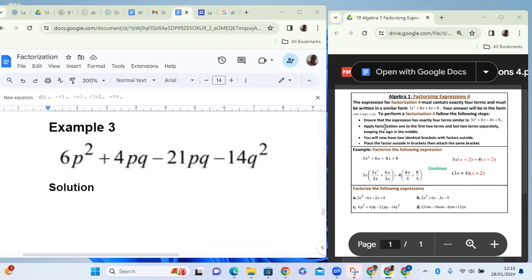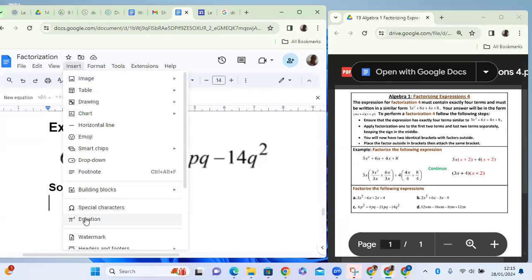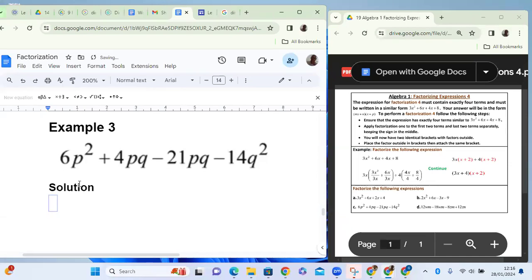Apply factorization 1 to the first 2, and apply factorization 1 again to the second 2, keeping the sign in the middle. The sign in the middle we have is a negative sign. So let's be very careful with this. We can even put the negative sign right there, because the sign in the middle is a negative sign.